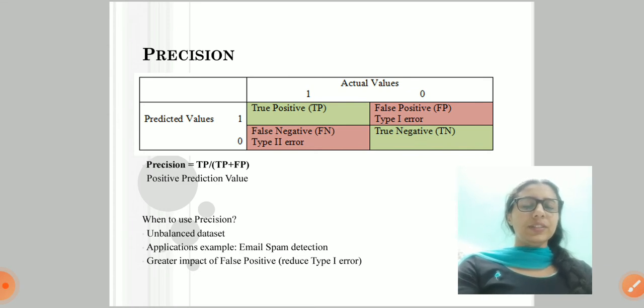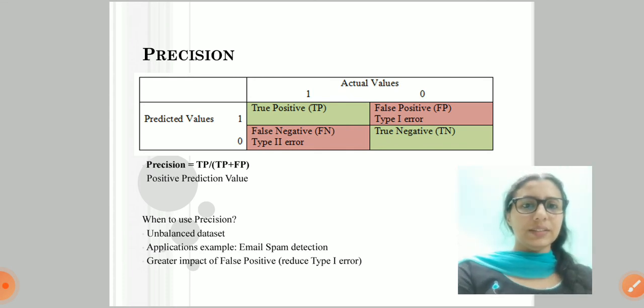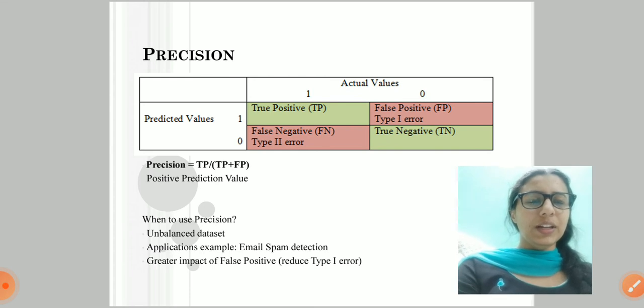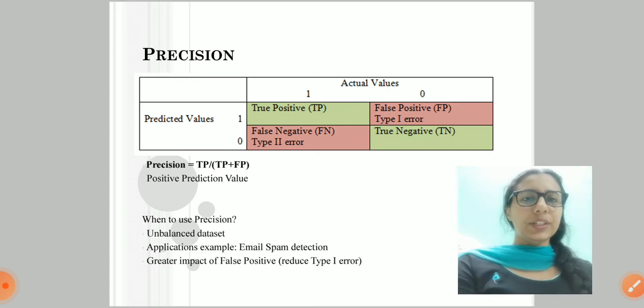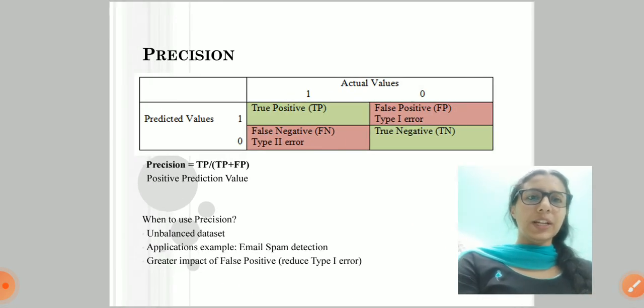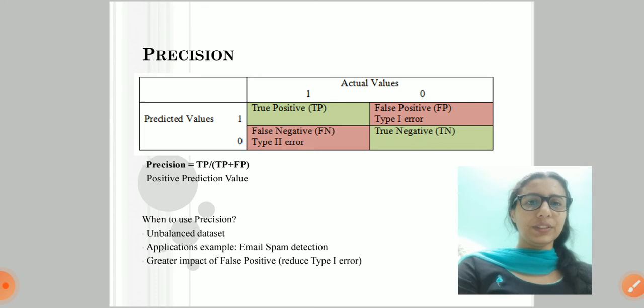We can use precision for an unbalanced data set, and applications such as email spam detection use precision to evaluate model performance. Precision can be used where the false positive has a greater impact; as I explained, to reduce the type 1 error we can use precision.